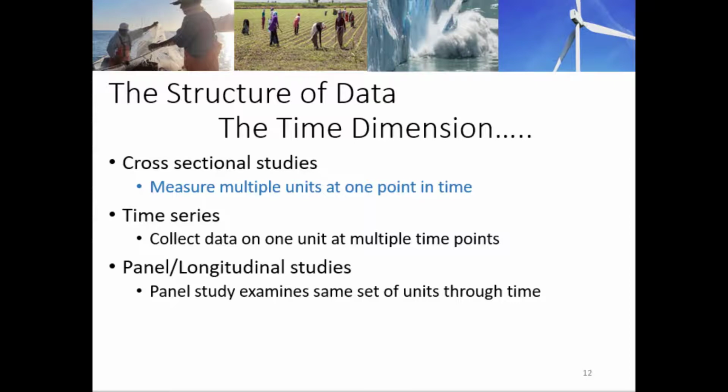So one unit through time. And then panel, or sometimes called longitudinal data, examines the same set of units through time. For example, looking at many nations and their greenhouse gas emissions through multiple years.